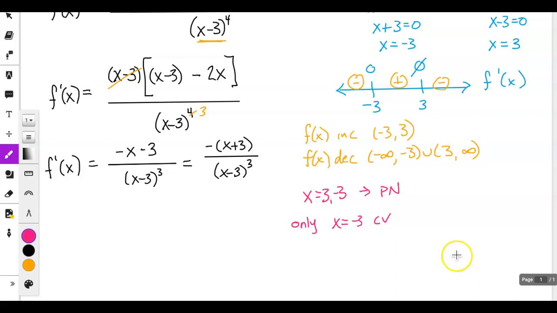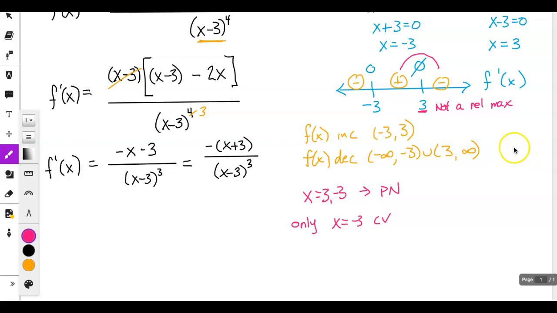So what that means is positive 3, only positive 3, you'll notice that I'm changing signs here, right? My function is going from increasing to decreasing, but since 3 makes the original undefined, this is not a relative max, okay?